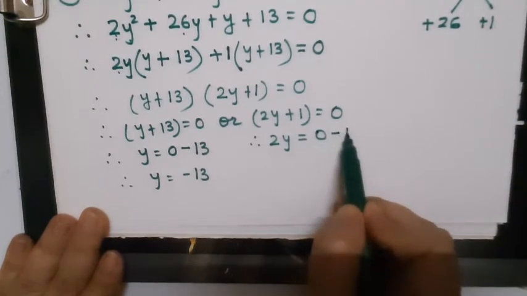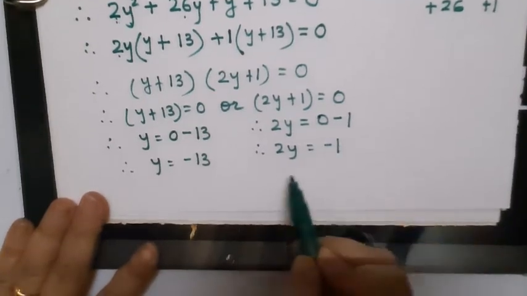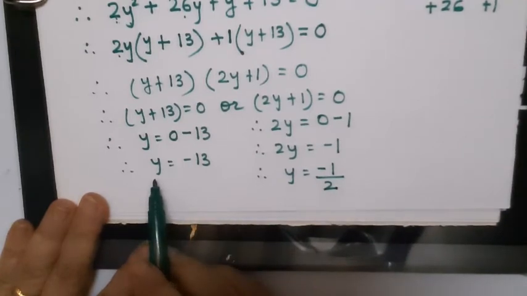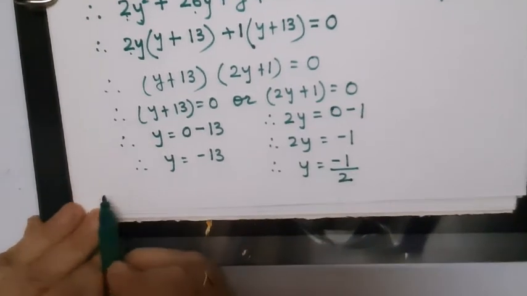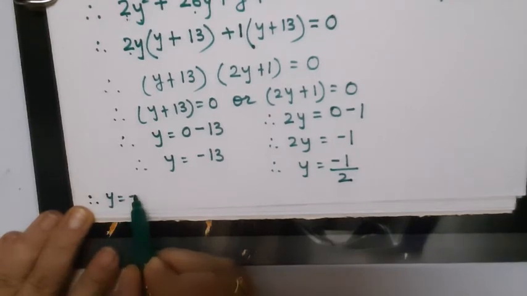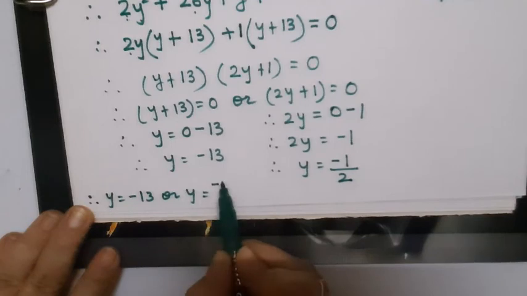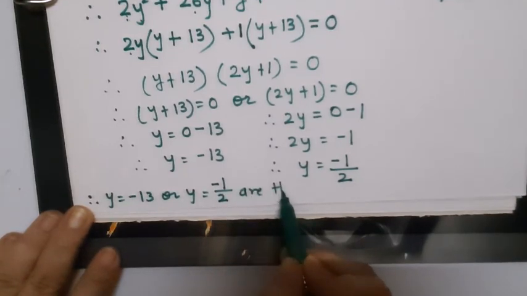Therefore 2y is equal to minus 1. Therefore what is y? Minus 1 upon 2. So what are the roots of y? Minus 13 and minus 1 upon 2. So you will be writing, therefore y is equal to minus 13 or y is equal to minus 1 upon 2 are the roots of the quadratic equation.